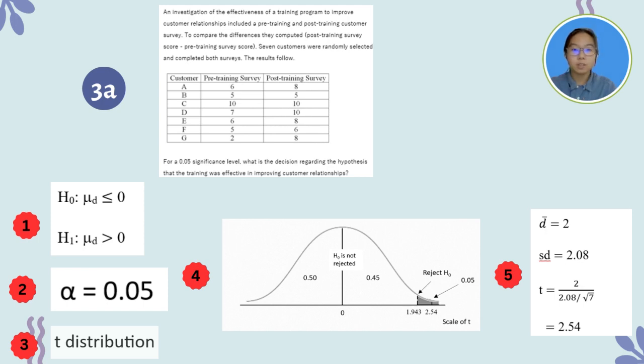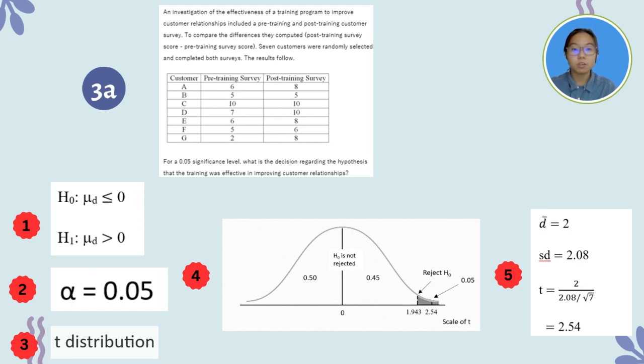Step 1, we state that H1: mean population difference is larger than 0, while H0: mean population difference is smaller than or equal to 0. Our significance level is 0.05, and we use the t-test as the standard deviation for the population is unknown. From the t-table, we found that the critical value is 1.943.